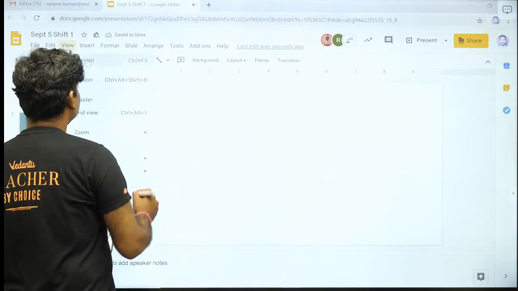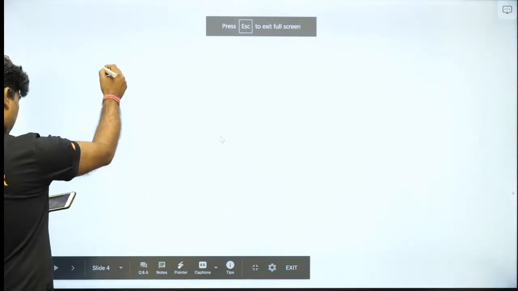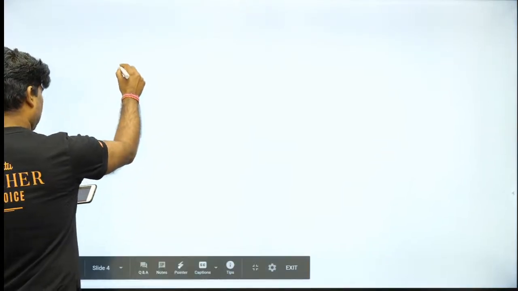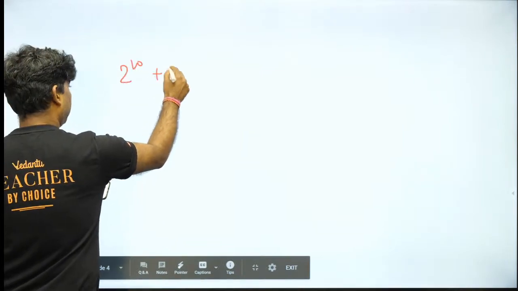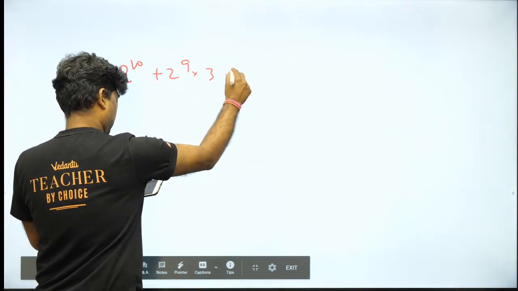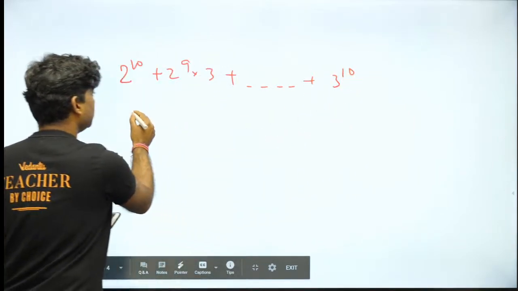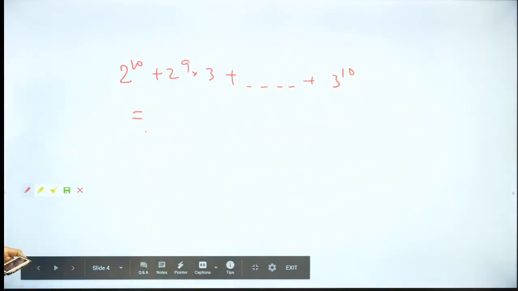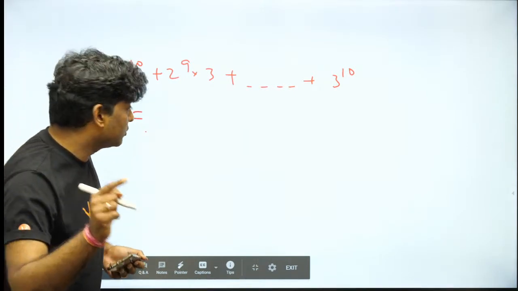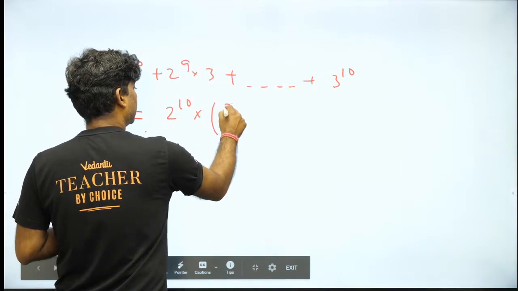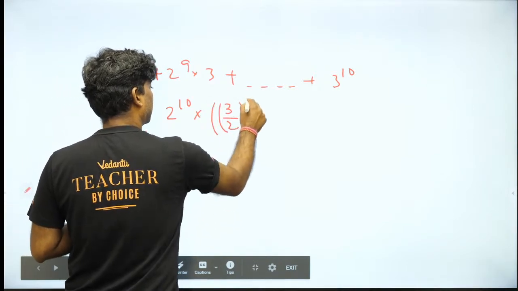So there was a simple problem in progression and series. It was just the sum of a GP. You can see, I'm writing here. You can remember this problem came. So what is this? This is the sum of a GP.